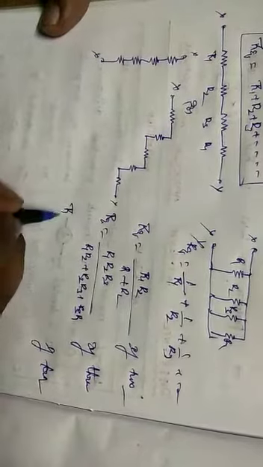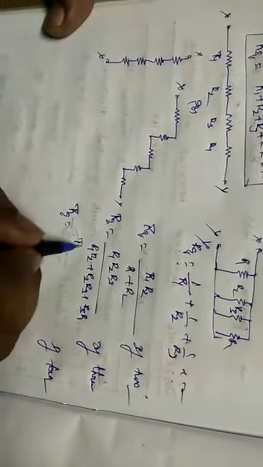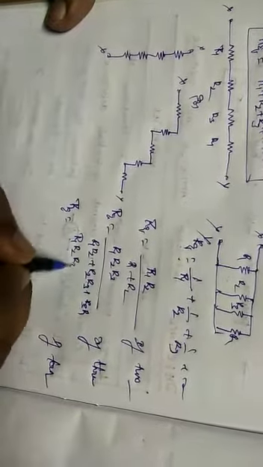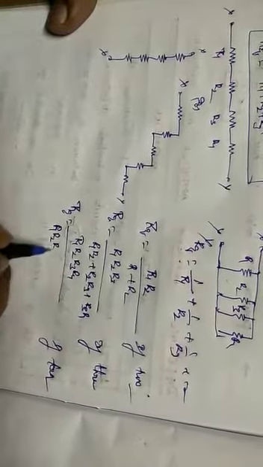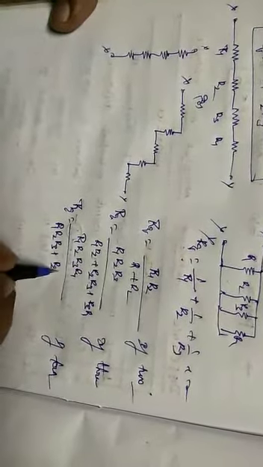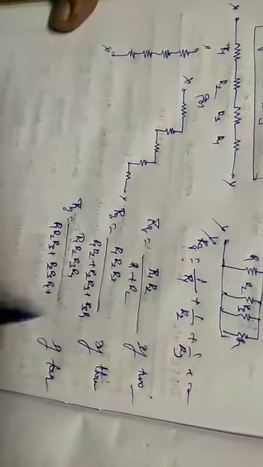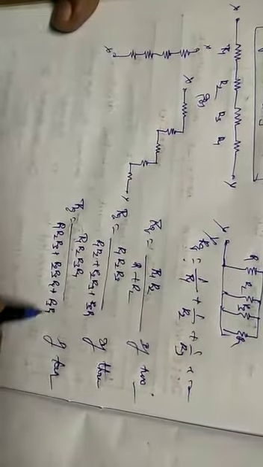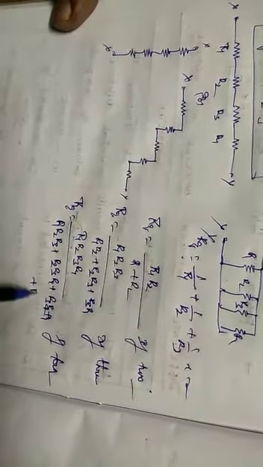If four resistors are connected in parallel, then R equivalent is equal to R1 R2 R3 R4 by R1 R2 R3 plus R2 R3 R4 plus R3 R4 R1 plus R4 R1 R2, like this.